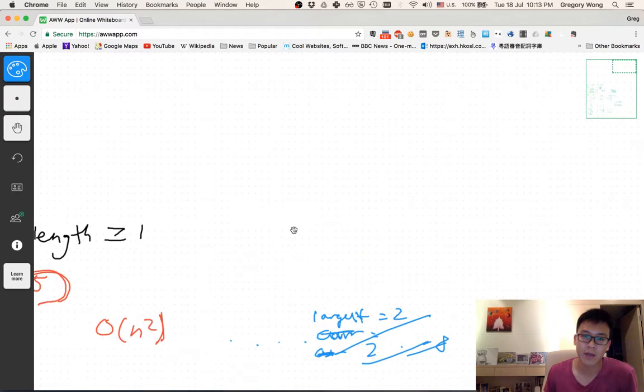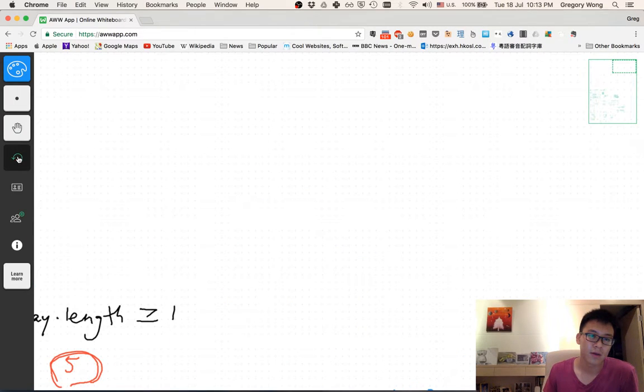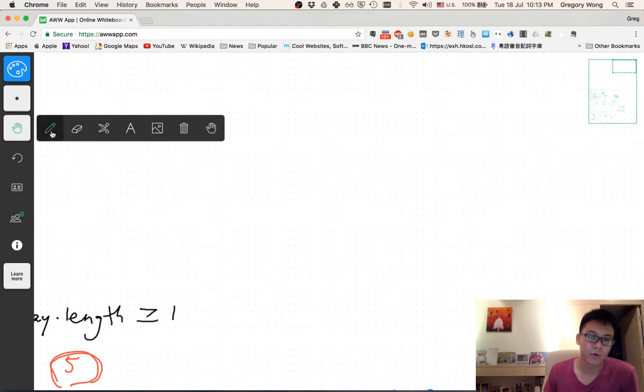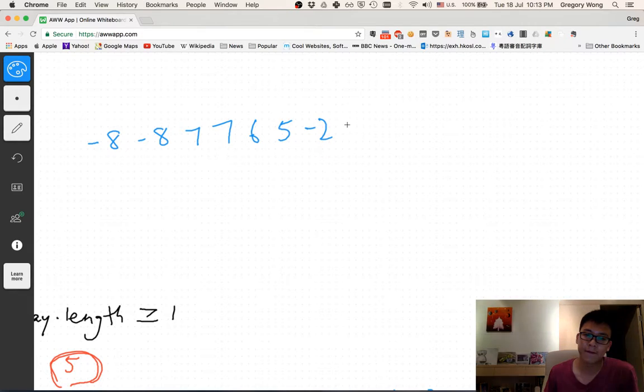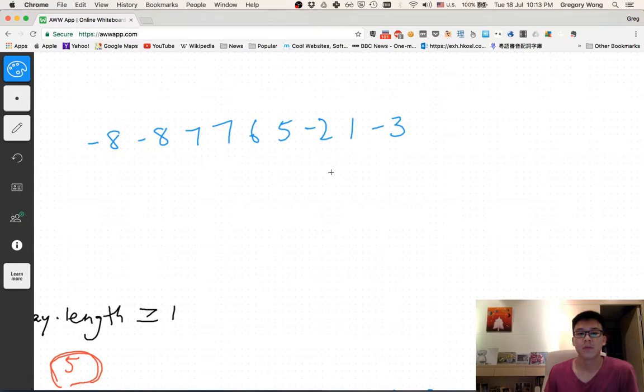So let's try this with a more complicated example. So I'm going to have multiple negative numbers together with multiple positive numbers, as well as alternating numbers.